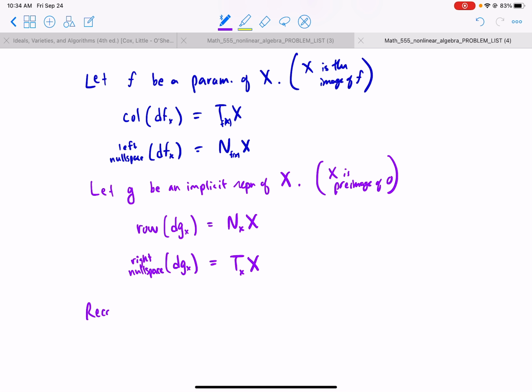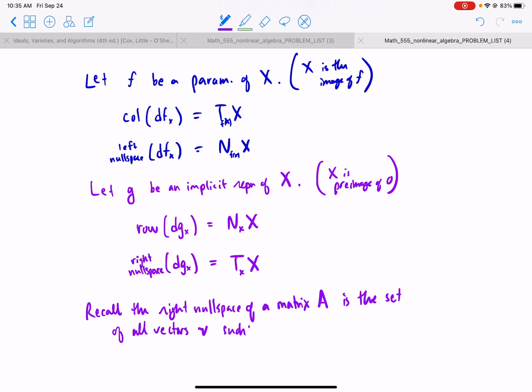recall the right null space of a matrix, let's say A, is the set, and it'll in fact be a subspace, of all vectors V such that AV equals 0.